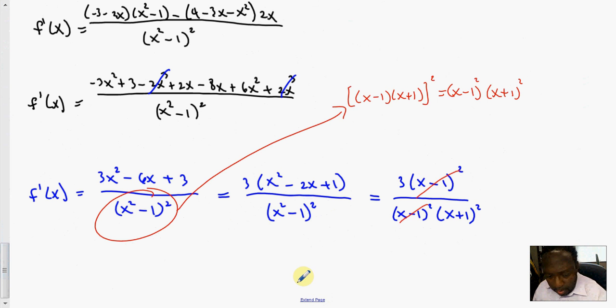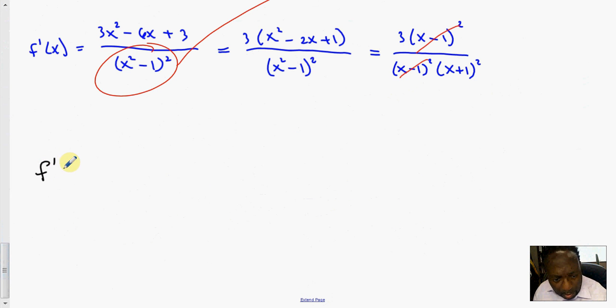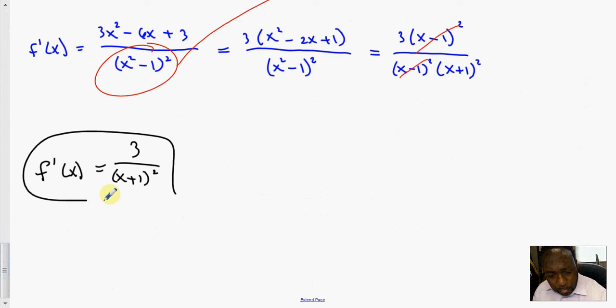So we're left now with f prime of x is equal to 3 all over x plus 1 to be squared. Thank you.